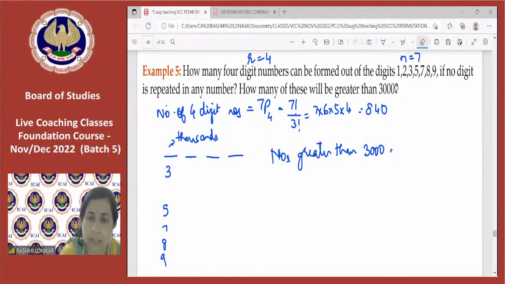How many numbers are there? There are 5 numbers. Okay. So, for the first position, I have the option of putting 3, 5, 7, 8, 9. So, how many options do you have? 5. Okay.